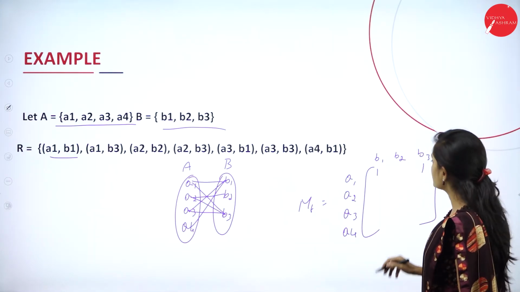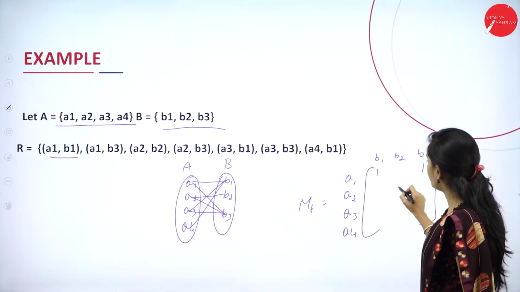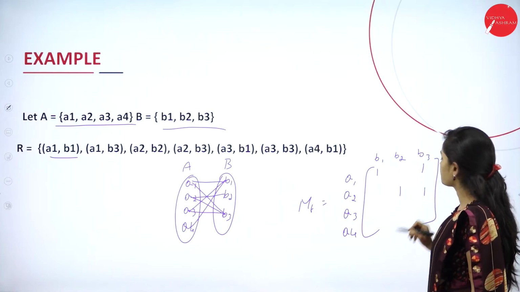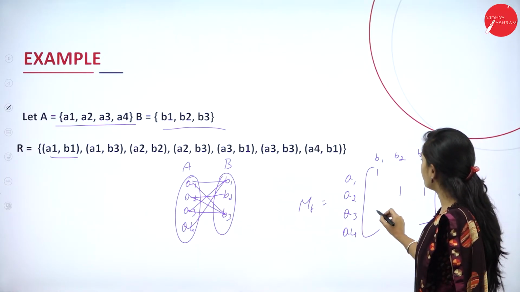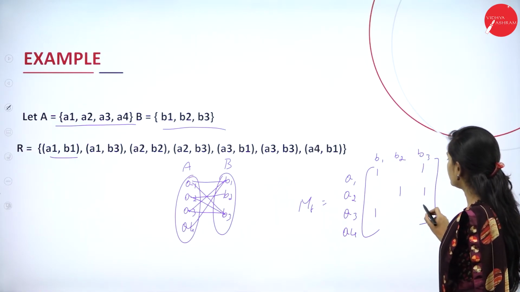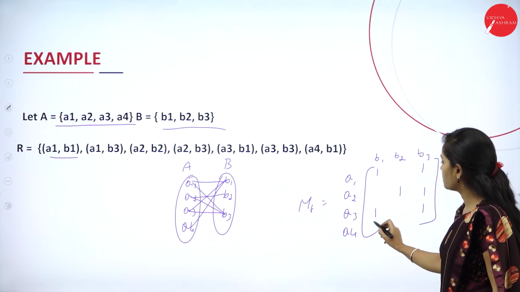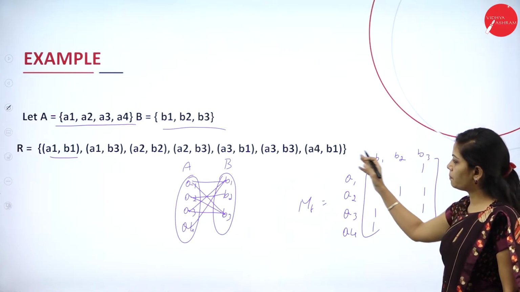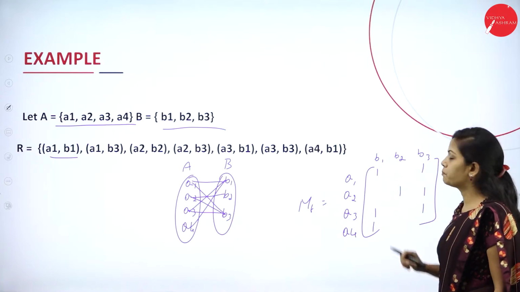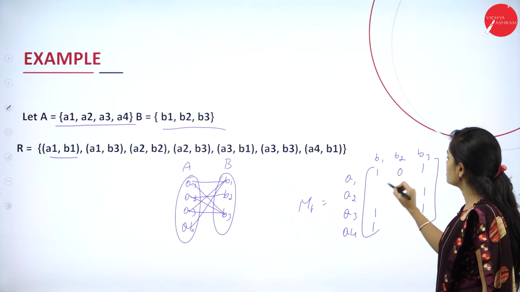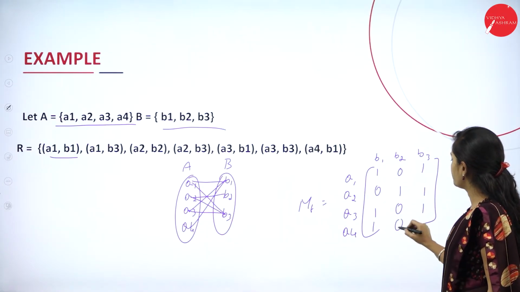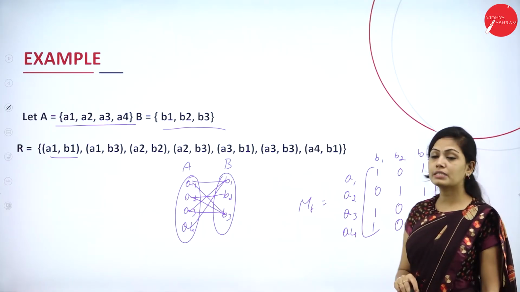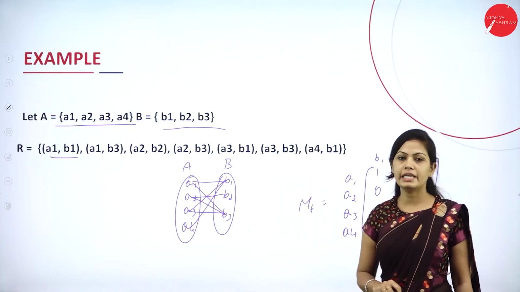And the third one is A2, B2, I will put 1. And A2, B3. And A3, B1. And A3, B3. And A4, B1. So in place of the given relation, you put 1 and the remaining entries are 0. So this is your matrix representation of the relation.